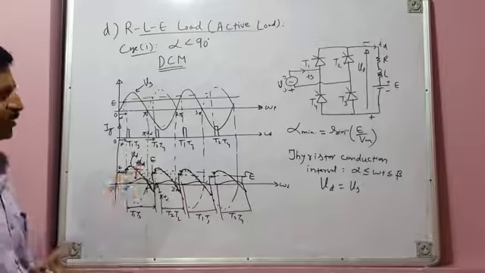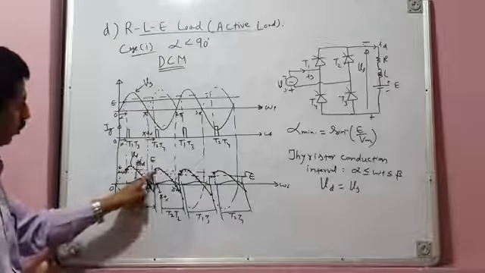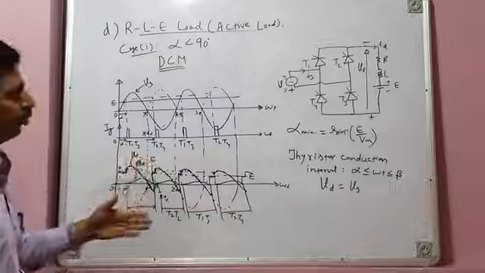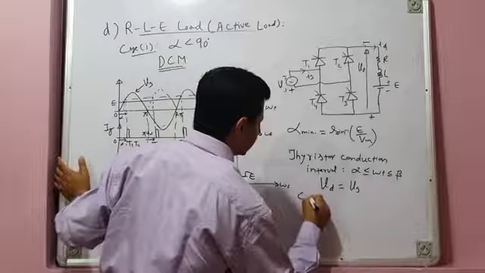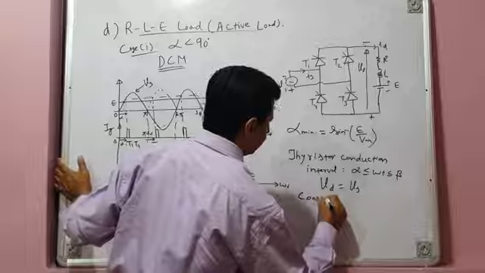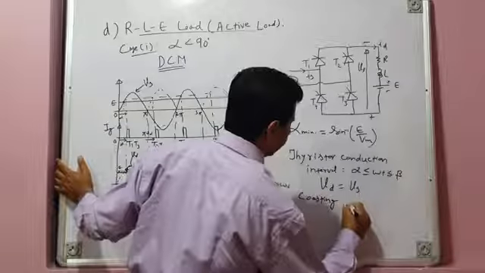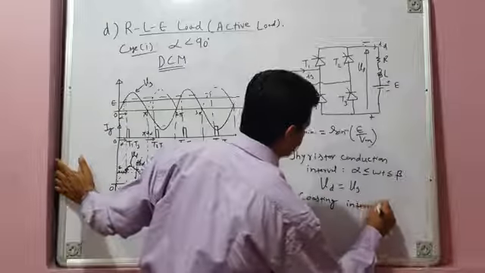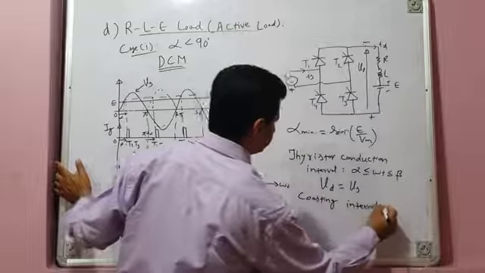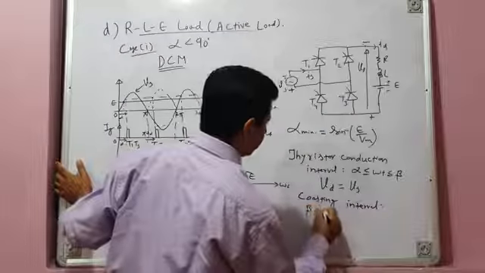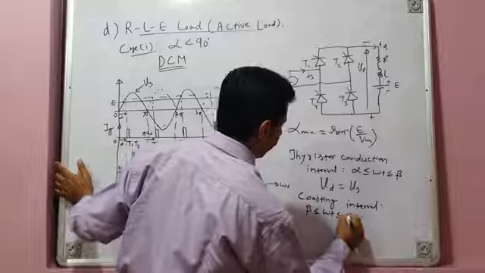Load voltage is equal to E, its own voltage. So this is called coasting interval. This coasting interval is from beta to next instant of firing, that is pi plus alpha.